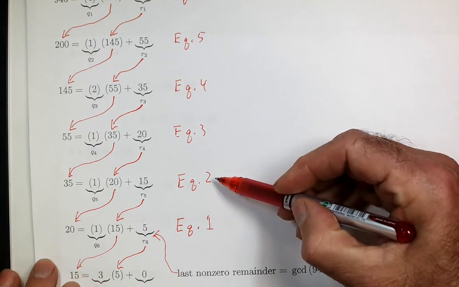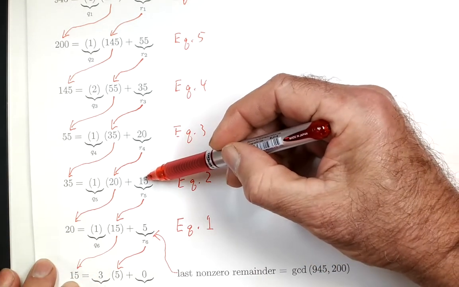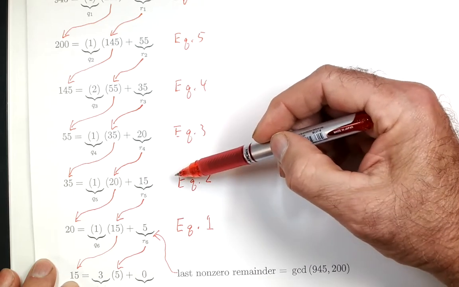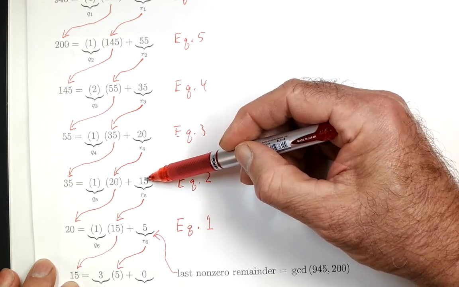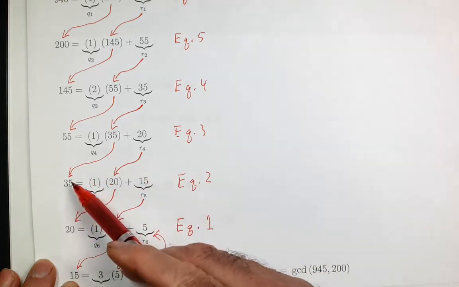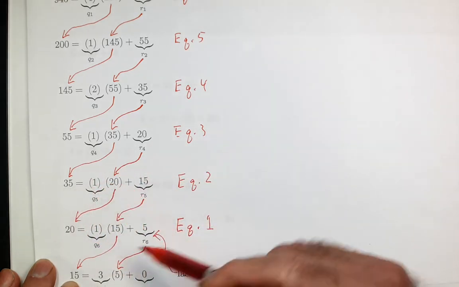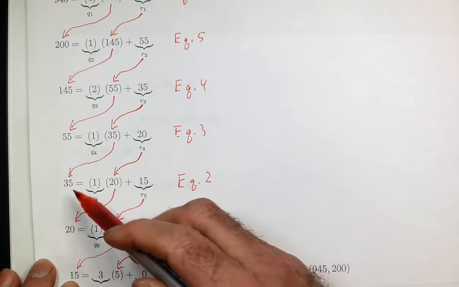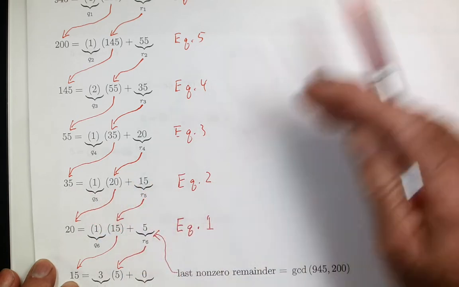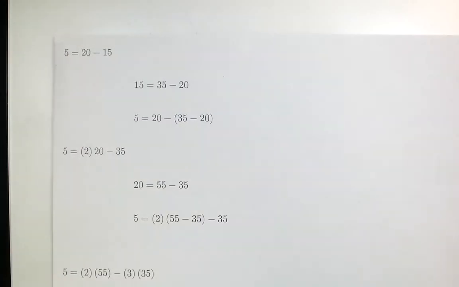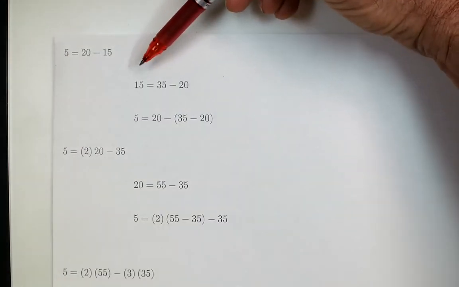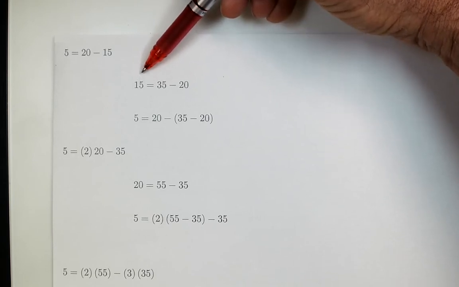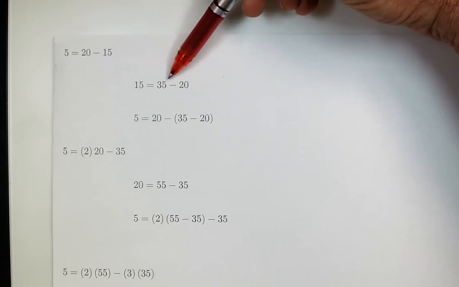Here's equation 2. The divisors are 15 and 20. We're going to express 15 in terms of its two predecessors, 35 and 20. So this will yield 15 equals 35 minus 20.